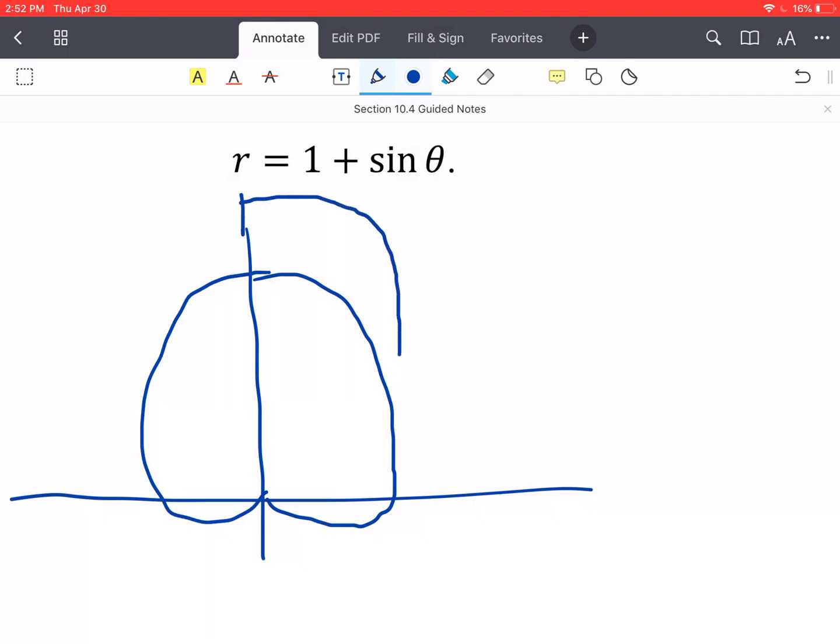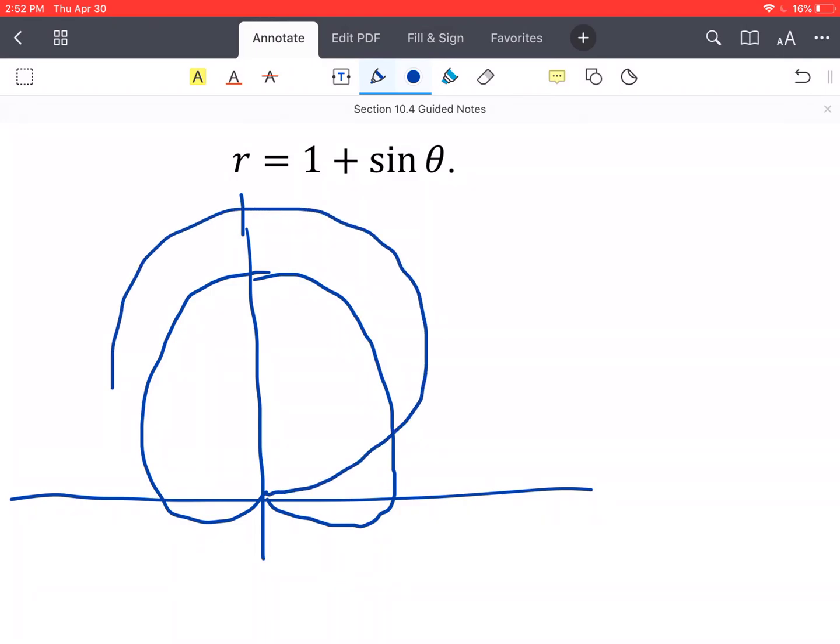It's going to come around, hit the origin. I can do that a little bit better. Something like that. Okay, and you can always just go into something like Desmos and graph these. I'm just giving you a rough sketch here.